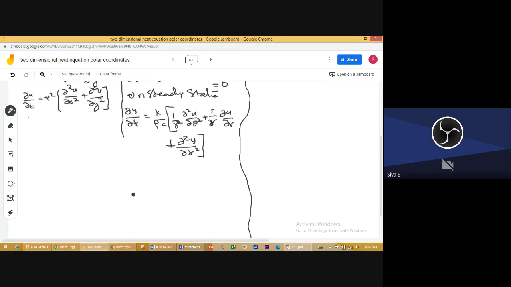Okay, fine. You know that k by rho c here is alpha square, where k is thermal conductivity, rho is the density, and c is the specific heat capacity. One of the important MCQs.